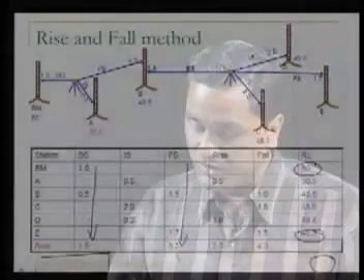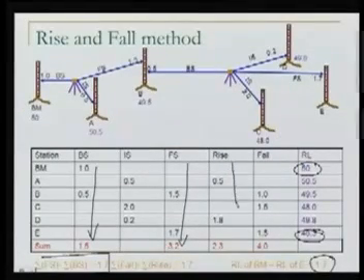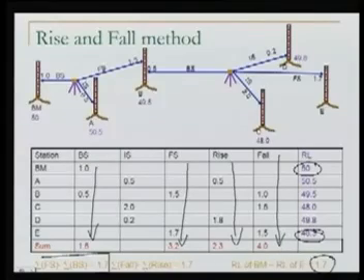So the sum of rise and sum of fall, if you find the difference of these two, that should be same as how much the first point is higher or lower than the last point. So this is what we are doing here. We find sum of rise, sum of fall, and find their difference, and this difference also comes out to be 1.7.